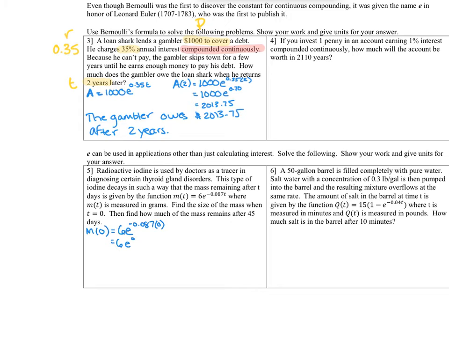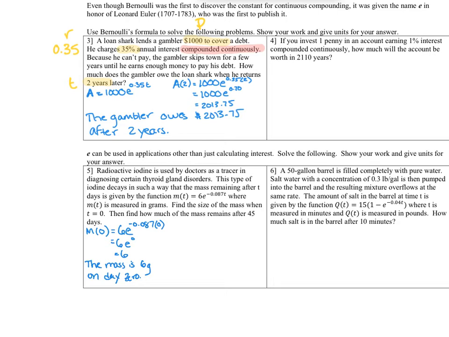And then since e to the 0, or anything to the power of 0, is 1, this just becomes 6. So you may have also known that by knowing that P, our principal value, or that number out in front, is also going to be our start value. So we can say the mass is 6 grams on day 0.